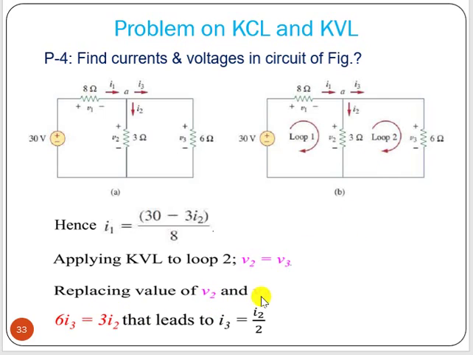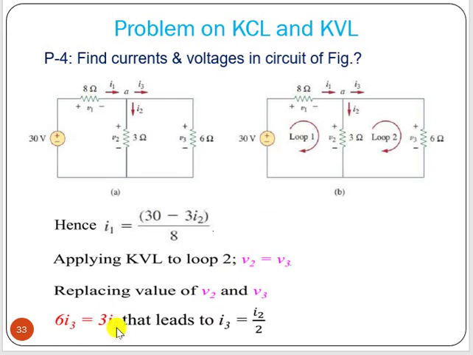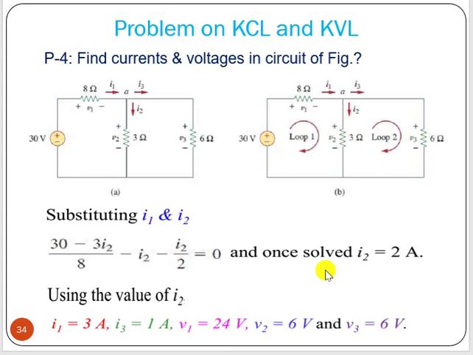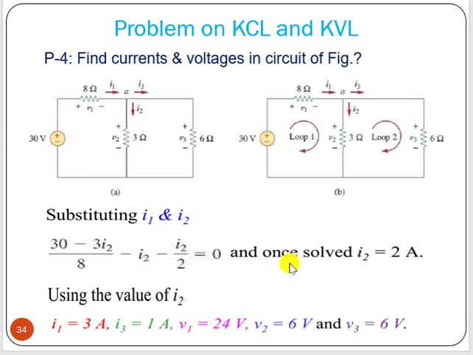Now replacing V2 and V3, both are equal, so we get I3 in terms of I2. Now substituting I1 and I3, if you solve, you will get the I2 value.